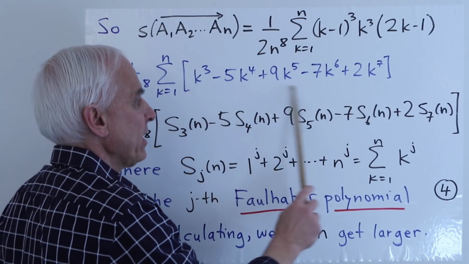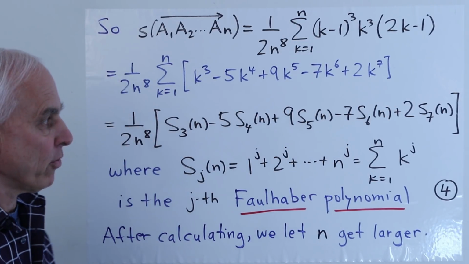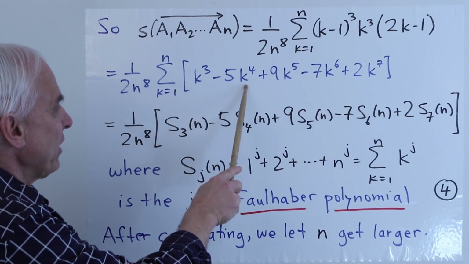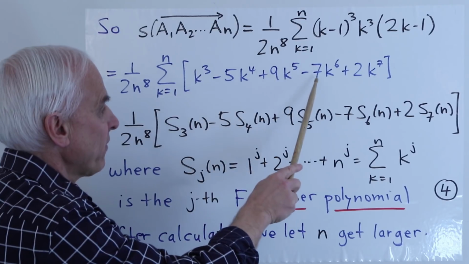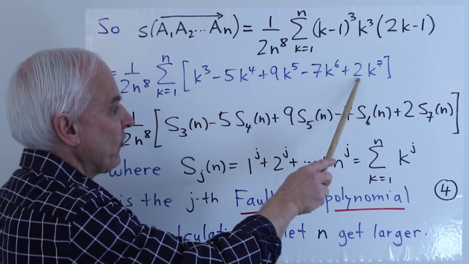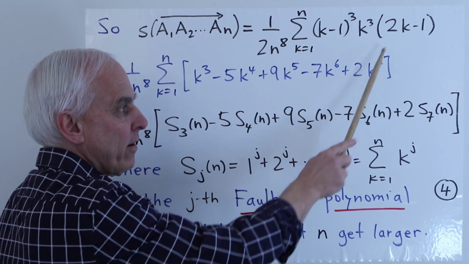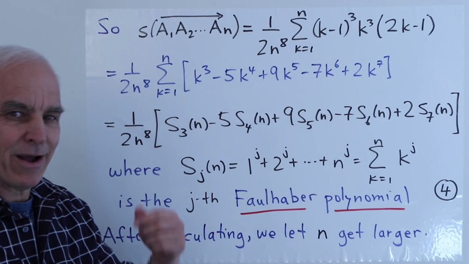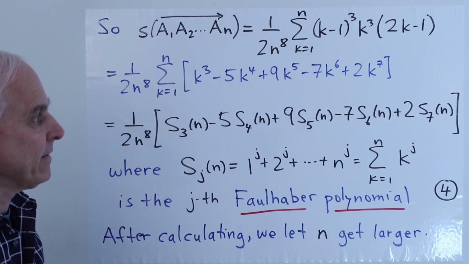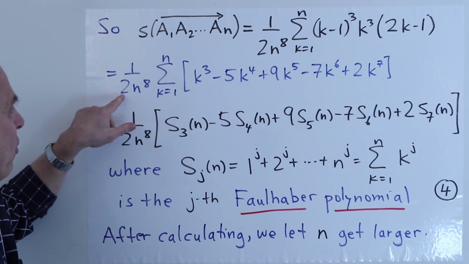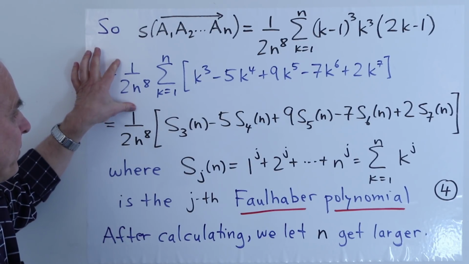We get a little polynomial in k: k cubed minus 5k to the 4th plus 9k to the 5th minus 7k to the 6th plus 2k to the 7th. And I want to point out that that 2 there is that number that we've already pointed out. That's the difference between the n and the m that's appearing there. And there's still the 1 over 2 times n to the 8 out front.